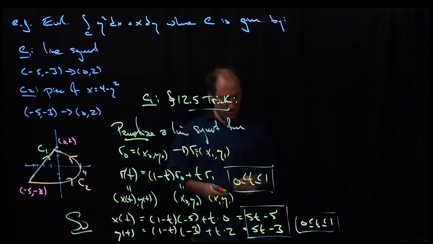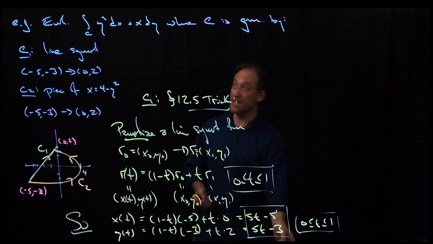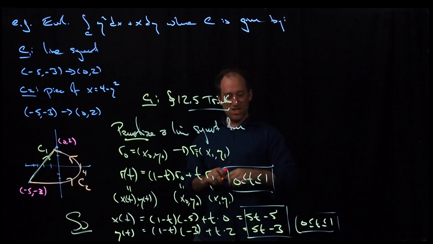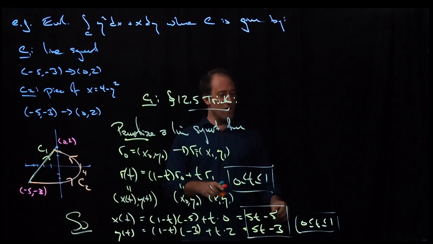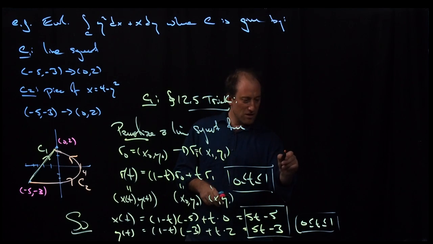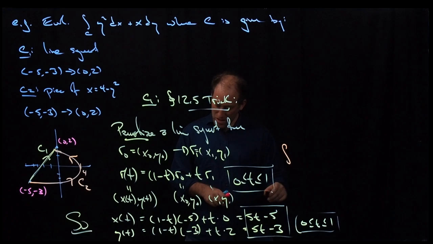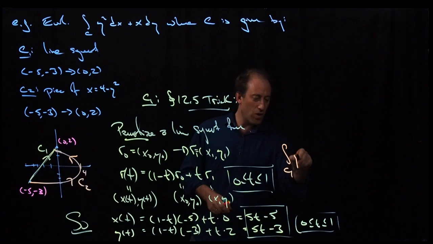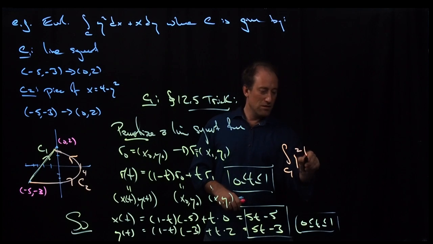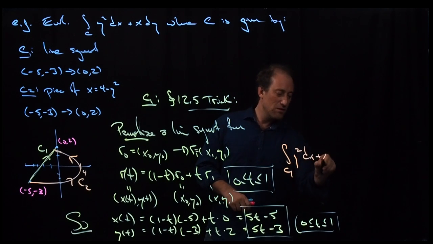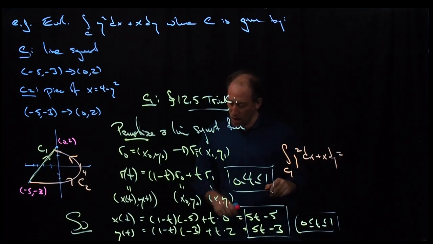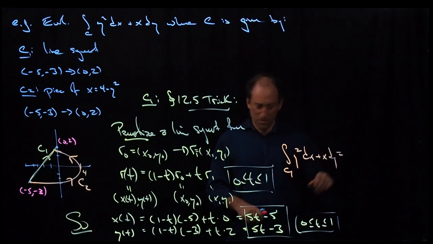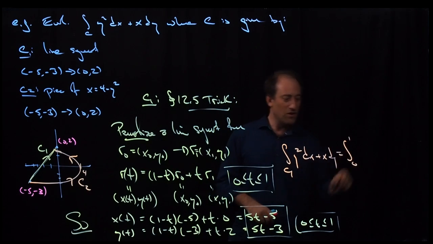All right, so then I need to evaluate the integral on this region here. And I'm going to try to keep everything in one space. So in order to do that, the integral along C1 of y squared dx plus x dy is going to be, well, I need to fill all this out.